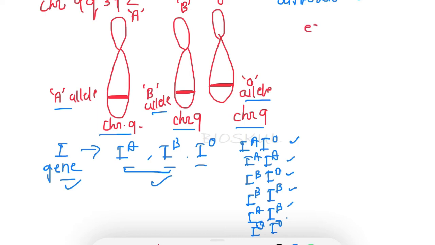Let's take one example for polygene: human height. You can also take skin color and eye color; all are examples of polygenes because these phenotypes are controlled by many genes. That's why in a population each individual differs in height from the other by a fraction of a centimeter.